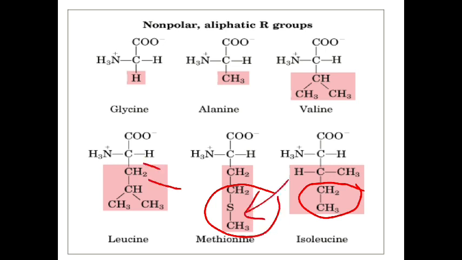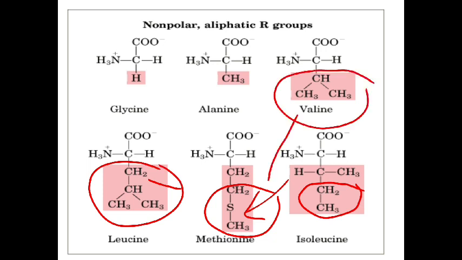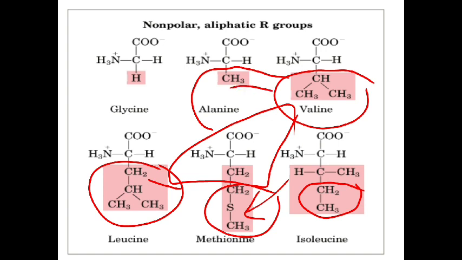All these hydrocarbons make them hydrophobic, and these are referred to as aliphatic amino acids. Alanine, valine, isoleucine, and also leucine are referred to as aliphatic amino acids.